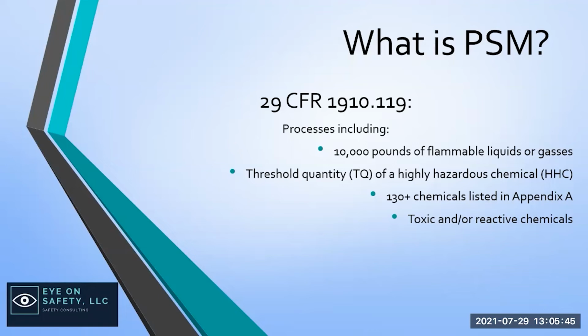As we manufacture new chemicals, they'll look at that and decide whether it should be added to the Appendix A list, and then what would be the threshold quantity for that. So it's kind of an ever-changing list, but here lately they haven't added any new ones.